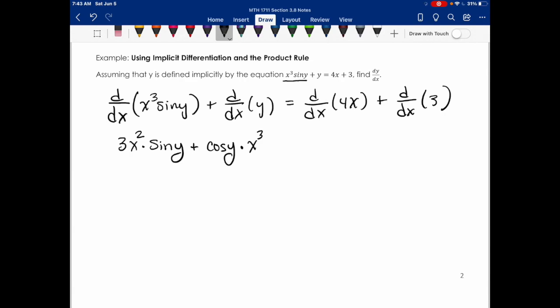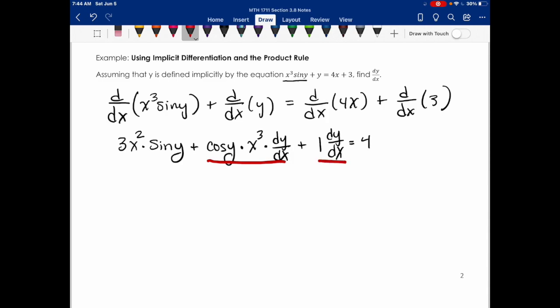But because I took the derivative of sine y, I've got to use the chain rule and remember to multiply by the dy dx. Then I'm going to add that to what I get when I take the derivative of y. The derivative of y is 1, but because I took the derivative of y, I have to multiply that by the dy dx. And I take the derivative of 4x, which is 4, and the derivative of 3 is 0.